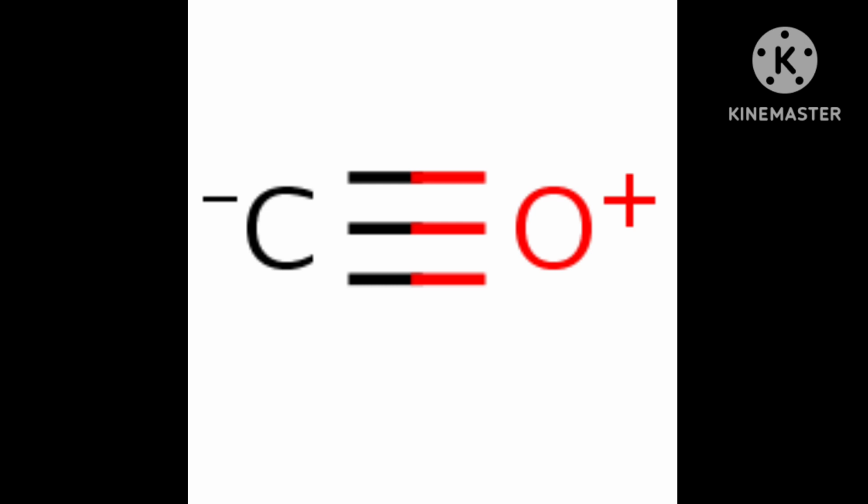Two sp hybridized orbitals of the carbon atom overlap with two p orbitals of the oxygen atoms to make 2 sigma bonds. The other 2 electrons of the carbon atom, out of 4 electrons, are involved in pi-pi bonding with the oxygen atom.